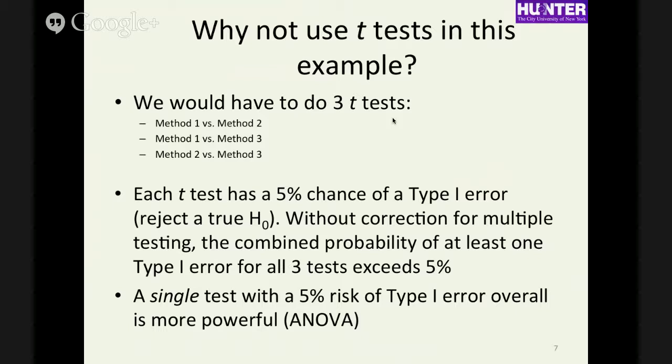There are methods like the Bonferroni method, which I'll show you later, but it's not as powerful as doing a single test with the analysis of variance to see, is there any difference anywhere that's inconsistent with individual sampling variation? So instead of doing all of these pairwise comparisons, we're just going to do one test.